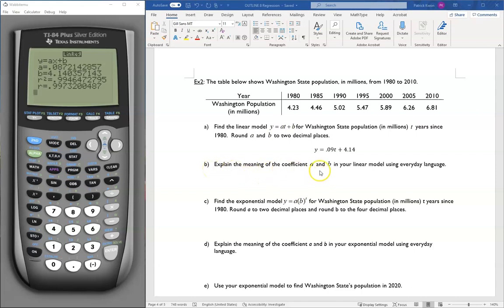Explain the meaning of the coefficient A and B in your linear model using everyday language. Our A value equals 0.09, which signifies that the Washington state population is increasing by 0.09 times 1 million.